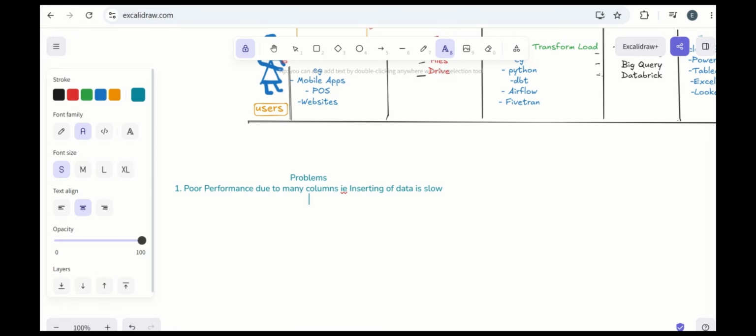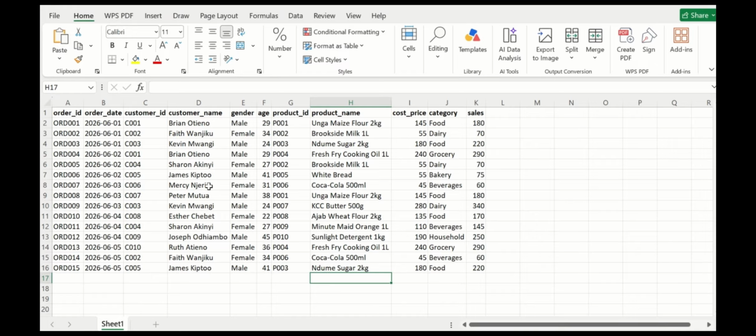Another problem in this data is that, for example, this customer 001, that is Brian Otieno, made an order on this date, and also made an order on this date. So once the customer makes an order, we have to write the full details of that particular customer. Let's assume Brian Otieno made 20 orders.